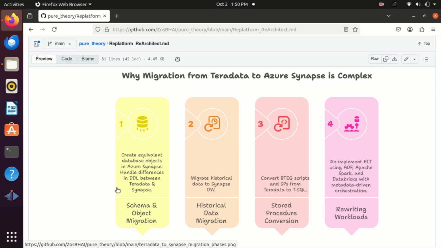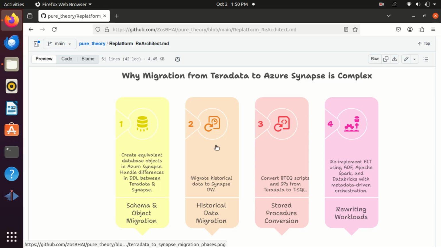For example, Teradata supports primary and secondary indexes. When it comes to Synapse, it has to be clustered columnstore indexes. Next would be historical data migration, then setting up an incremental load strategy for ongoing synchronization.